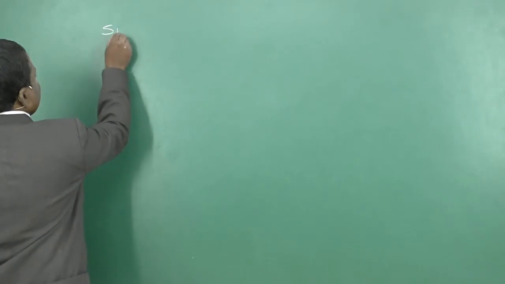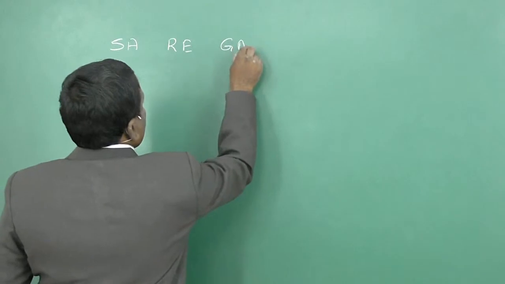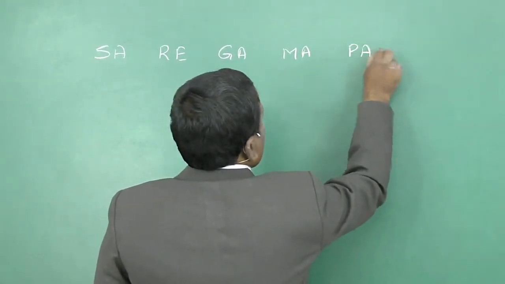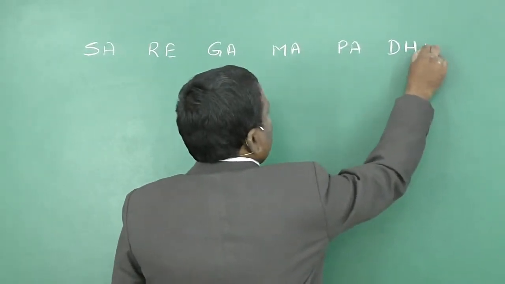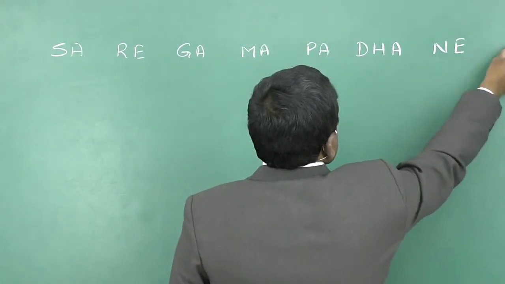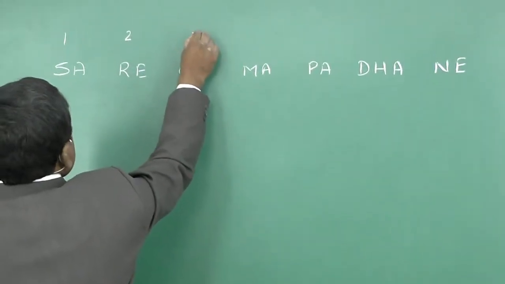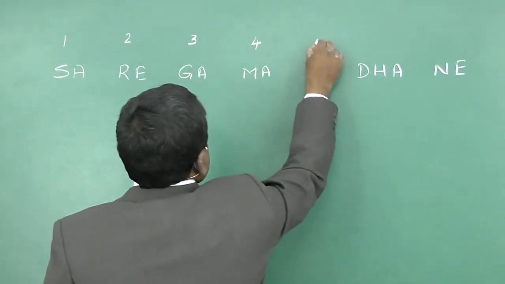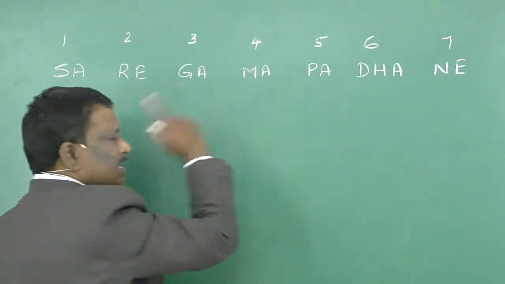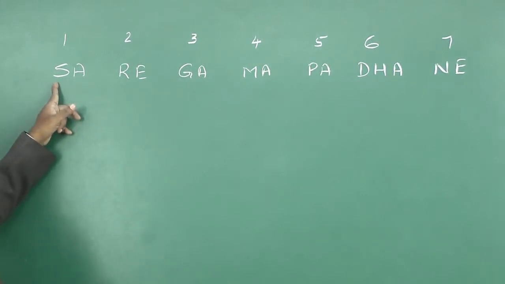Sa, ri, ga, ma, pa, da, ni. The eighth is again sa. That means 1, 2, 3, 4, 5, 6, 7 and the eighth note is again sa. So the eighth one resembles the first one.